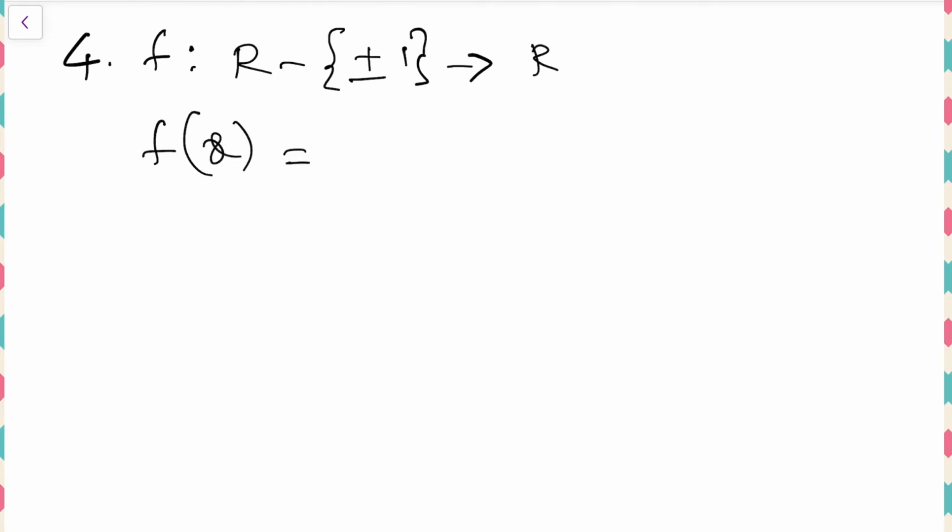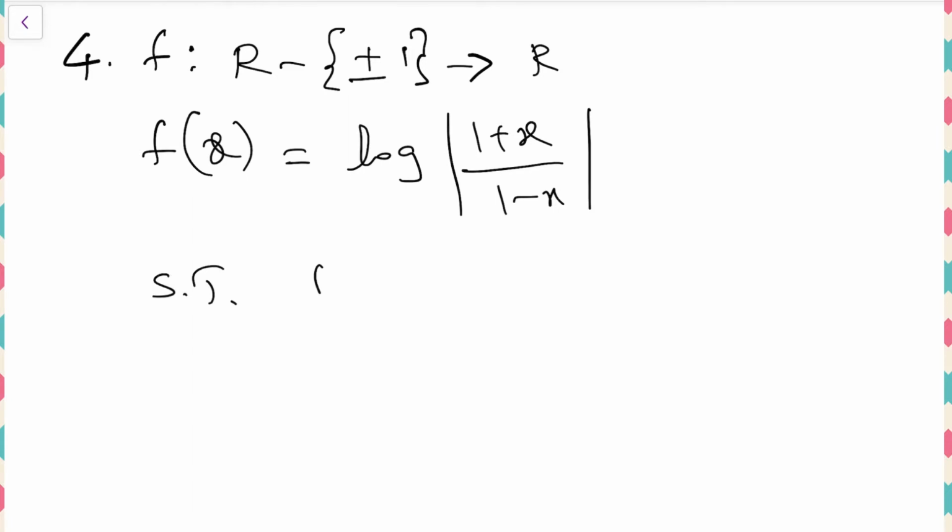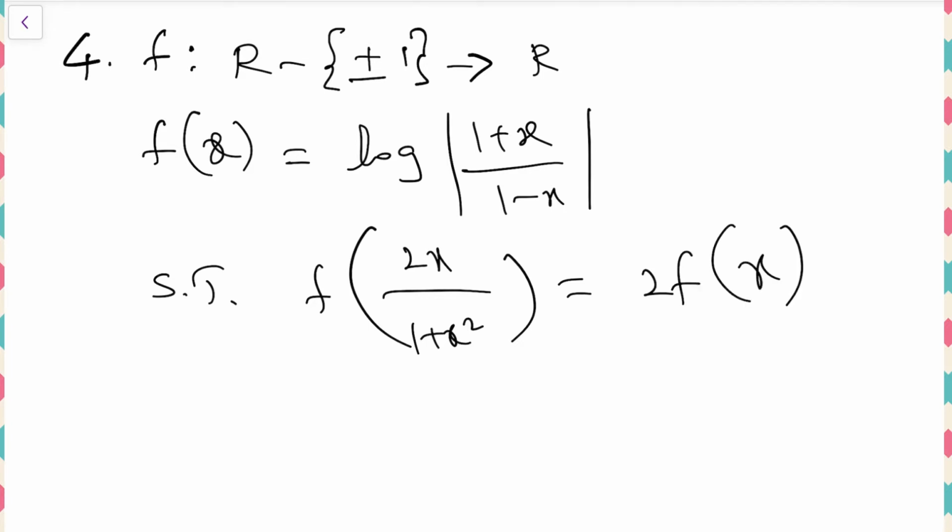If f is a function from R minus plus or minus 1 to R, and that function is defined as f of x equals log modulus of (1 plus x) divided by (1 minus x), then he is asking to show that f of 2x by 1 plus x square is equal to 2 times f of x.